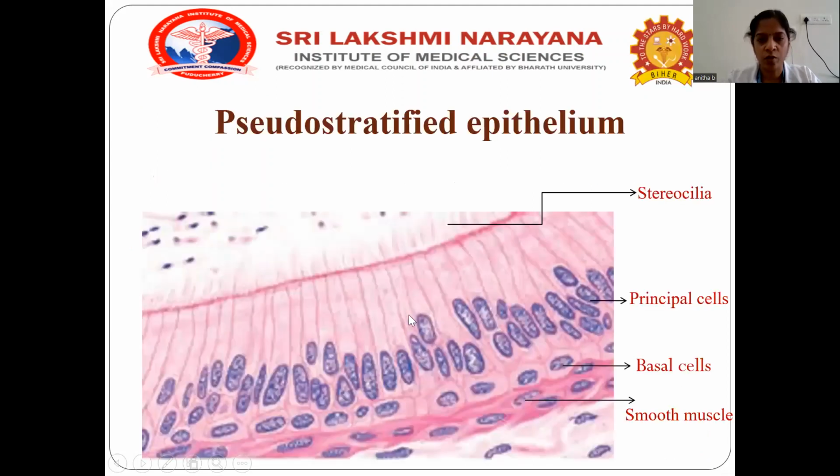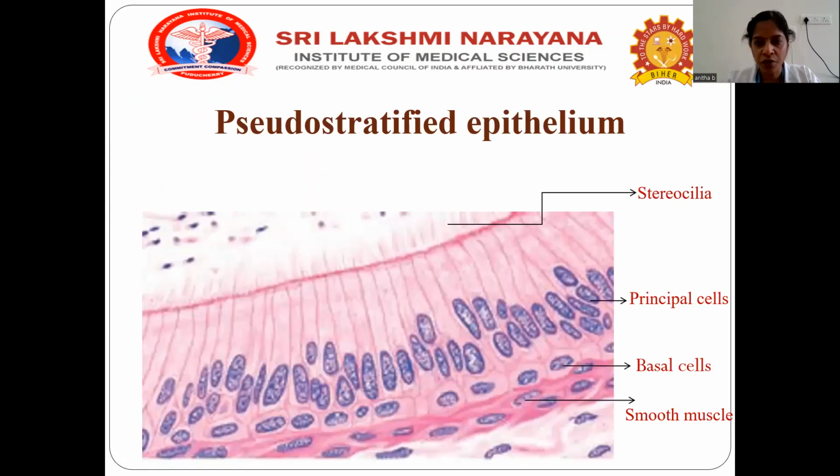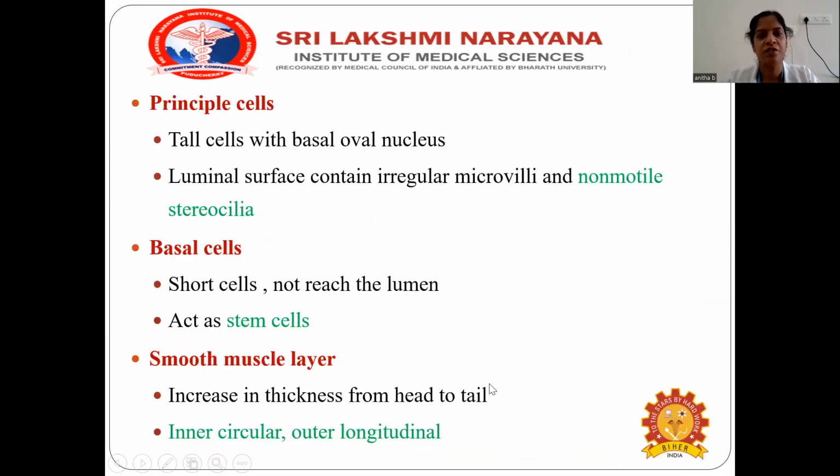So these are the tall cells, and they reach the lumen. There they contain stereocilia and irregular microvilli. When you see the basal cells, they are short cells and they won't reach the lumen. They will be present here only. So they are also called stem cells. These two cells lie over the smooth muscle layer.